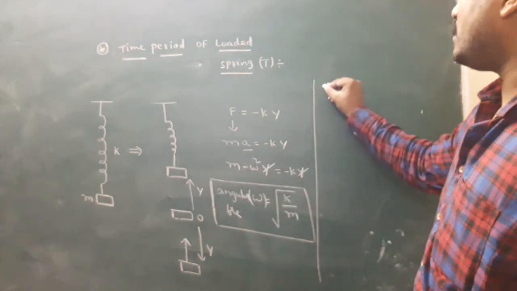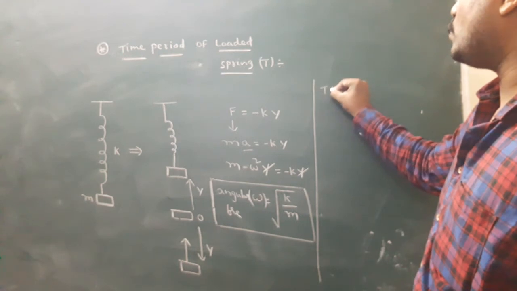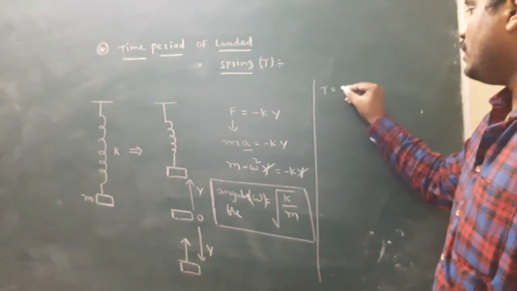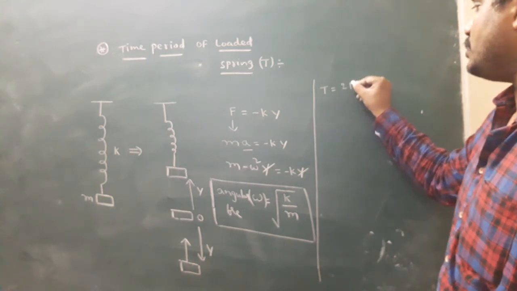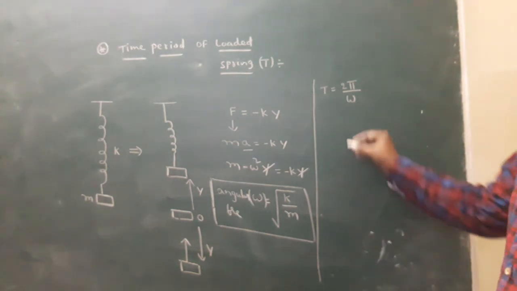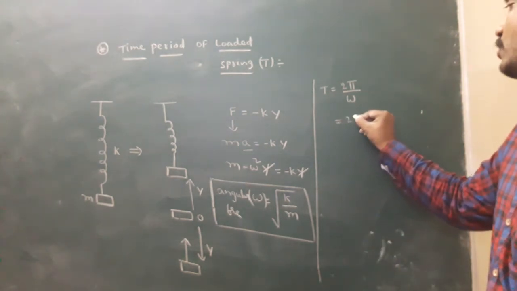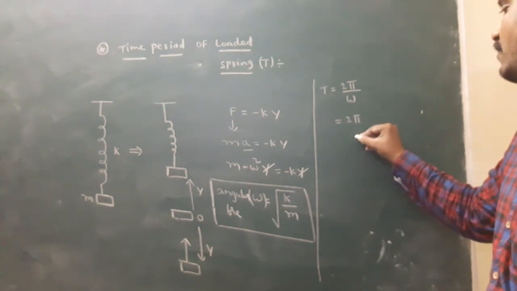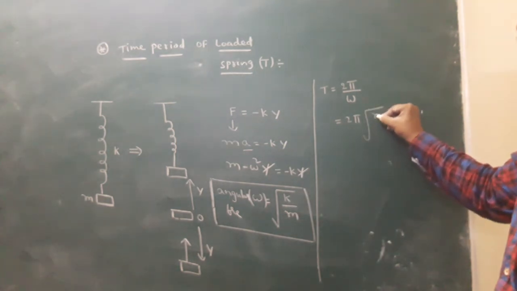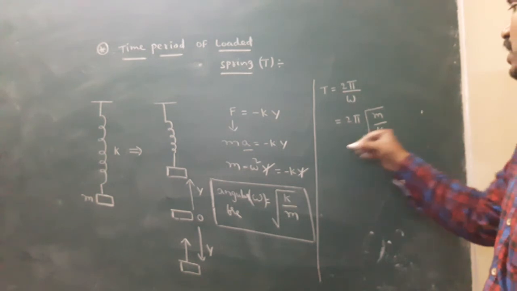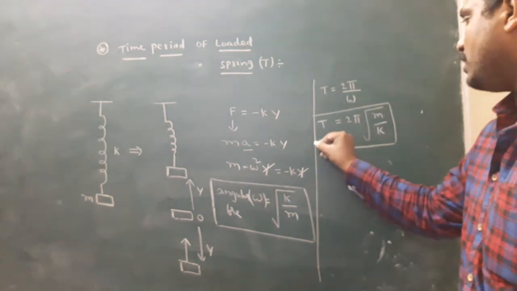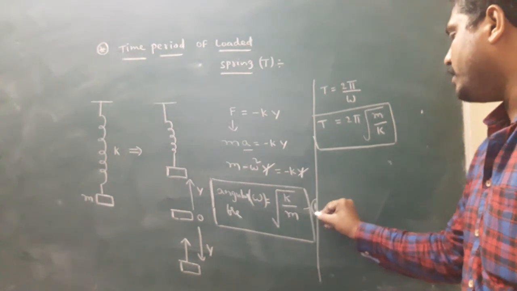Now according to the question, we determine the time period. Time period formula is 2 pi by omega. Putting the omega value, root K by M, it becomes the reverse, root M by K. This is the formula for the time period of the loaded spring.